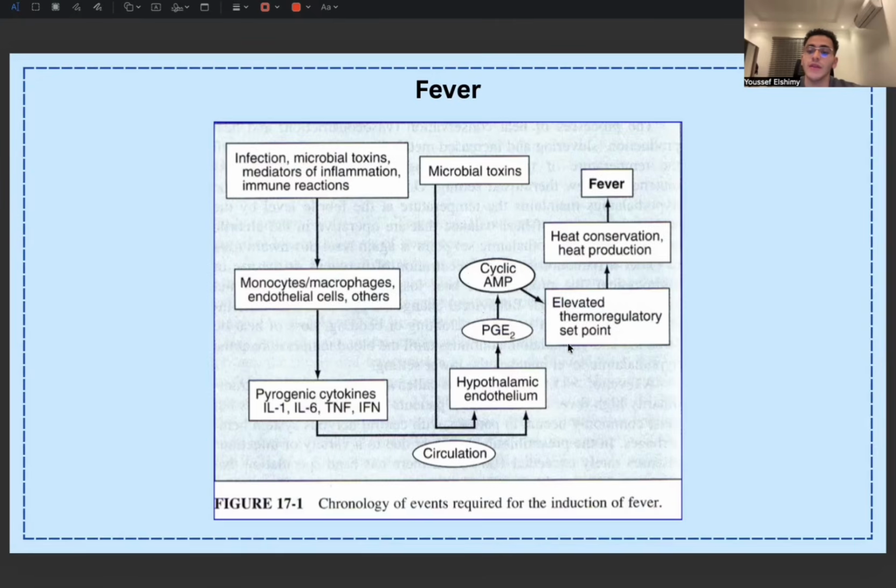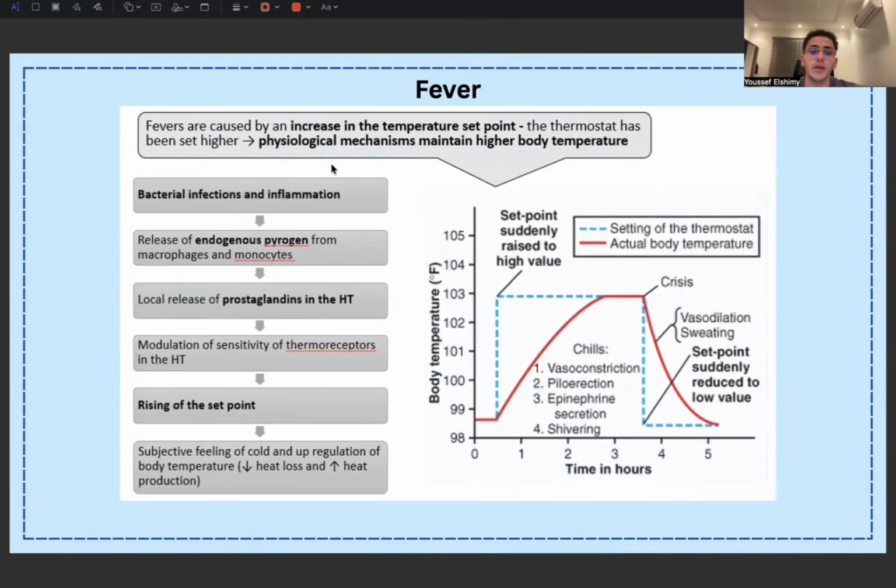This would lead to an elevated thermoregulatory set point, and that's how you get fever. Okay, so let's recap. Fever basically happens because there's an increased temperature set point. So instead of the normal 37.5, the set point changes, for example, to 39 degrees Celsius. And this is done as a physiological mechanism.